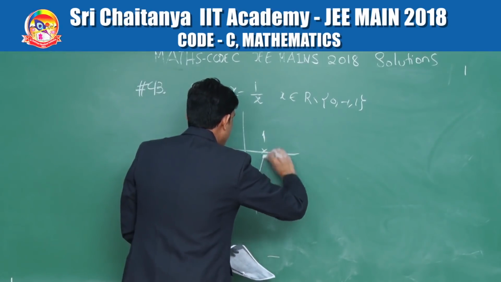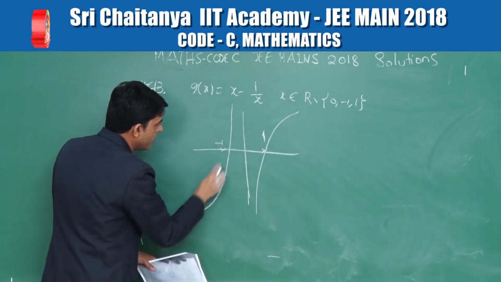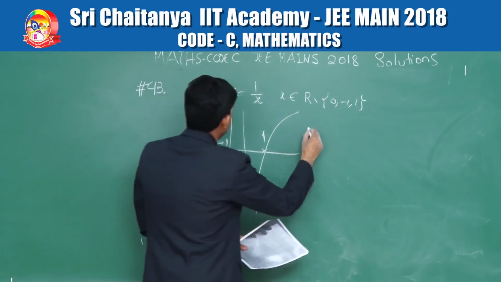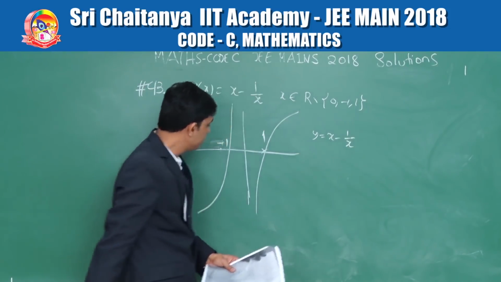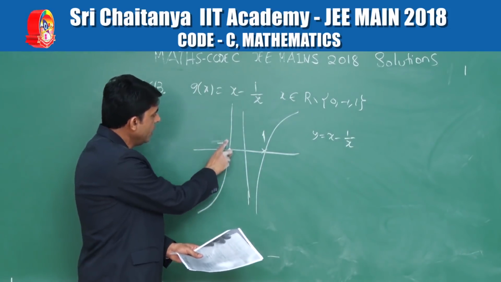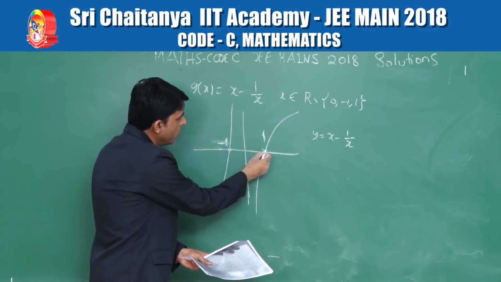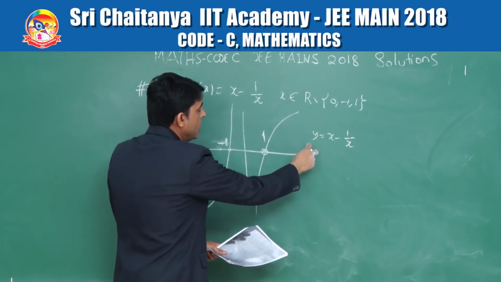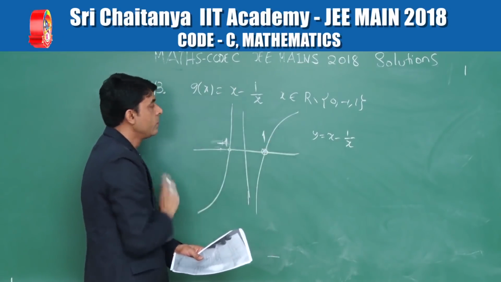So the graph looks like this, and then it looks like this. So let me write minus 1 here. So this is the approximate graph of y equal to x minus 1 over x. As you can see, these points minus 1 and 1 we don't want. That does not matter much. So x minus 1 by x takes all the values except 0.